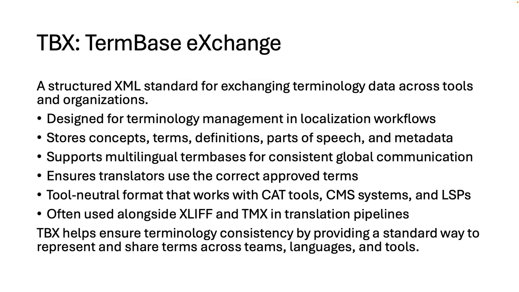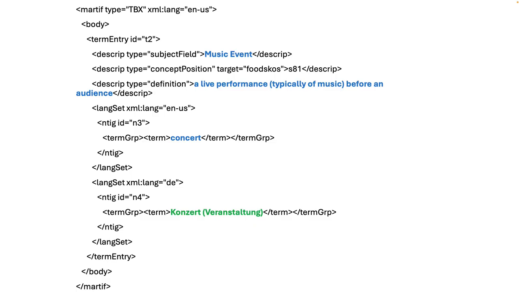It ensures that translators use the correct approved terms. It's a tool-neutral format that works with computer-aided translation tools like Swordfish, content management systems, and localization service providers. It's often used alongside XLIFF and TMX in the translation pipeline. TBX helps to ensure terminology consistency by providing a standard way to represent and share terms across teams, languages, and tools. And this is what a TBX file looks like.